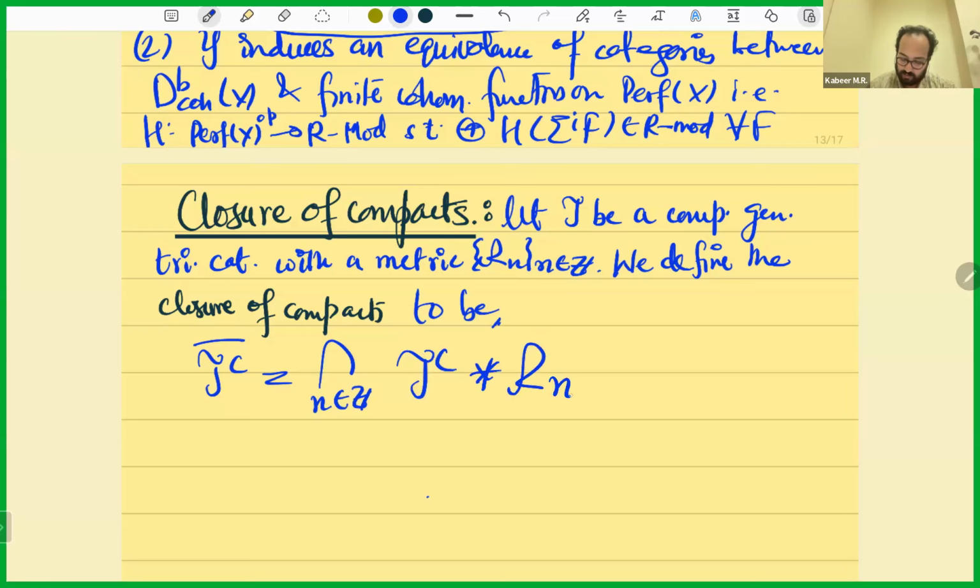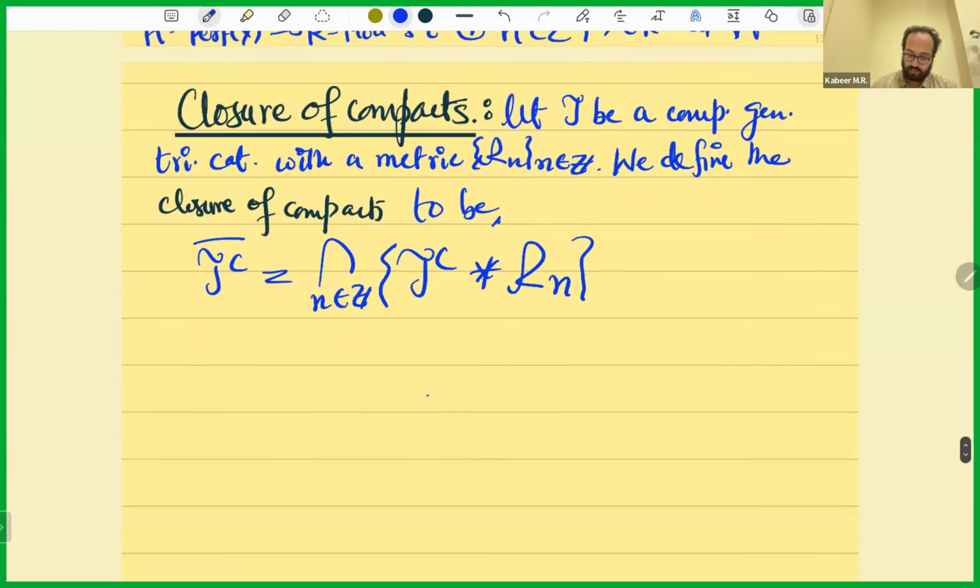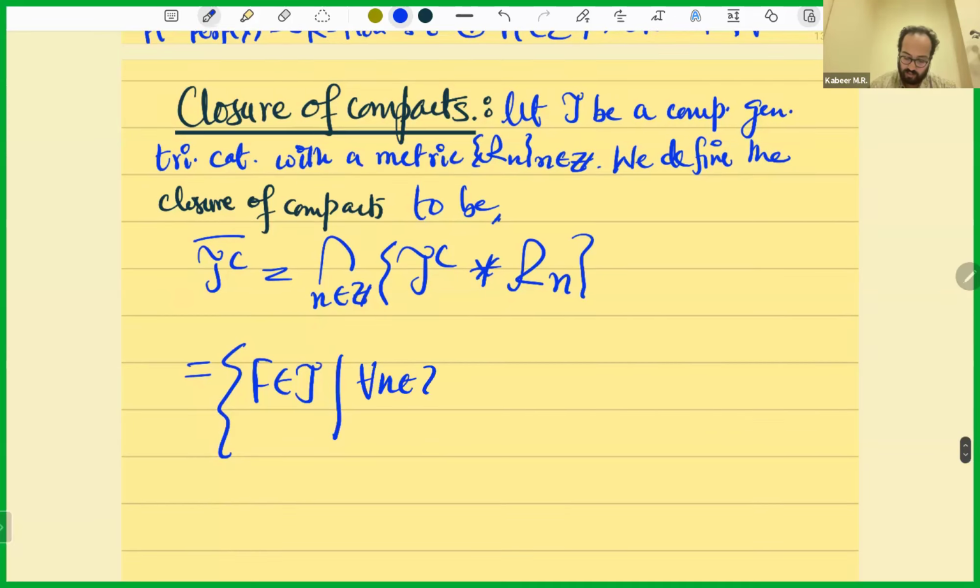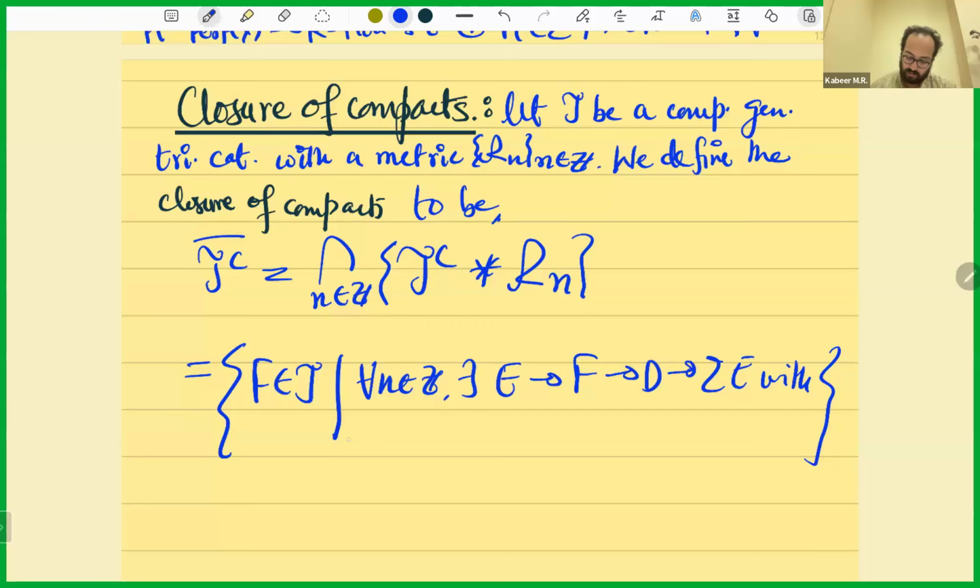As the metric gives a notion of length and distance, it also allows us to define the notion of closure of subcategories. In particular, we'd be interested in the closure of compact objects, which is defined to be the following category, which let me quickly explain what this boils down to. These are objects F such that for each integer n there exists a triangle E to F to D, with E being compact and D in the ball of radius 1/2 to the power n.